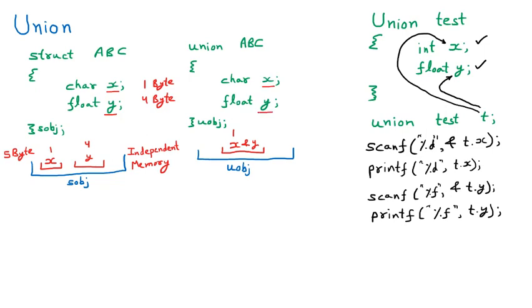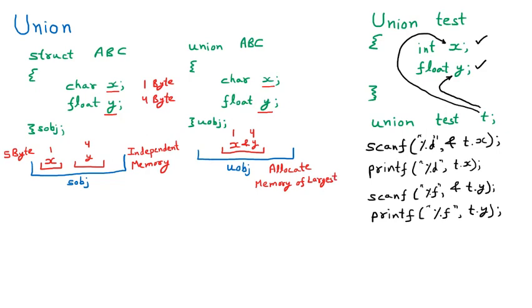Because X, which is a character, is having 1 byte, and Y, which is a float, is having 4 byte. So how much memory is allocated? Remember one thing, the memory which is allocated is the storage of the largest one. So we will write here: allocate memory or the storage of largest.